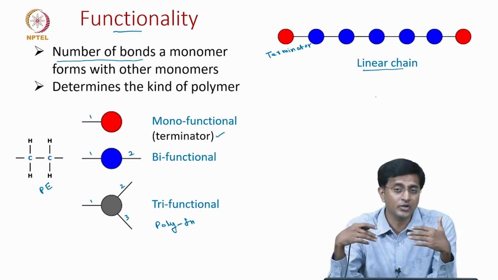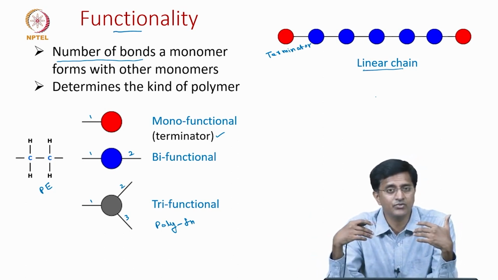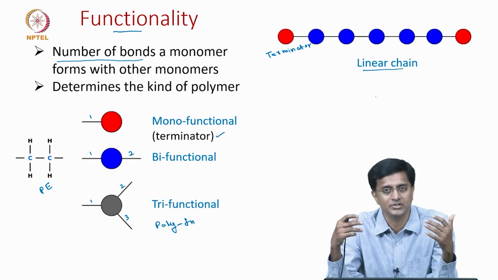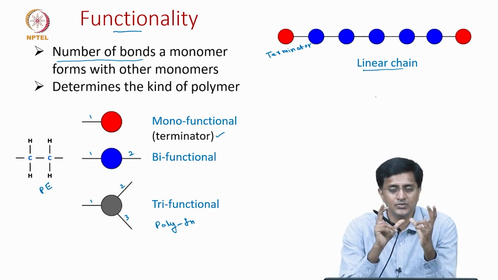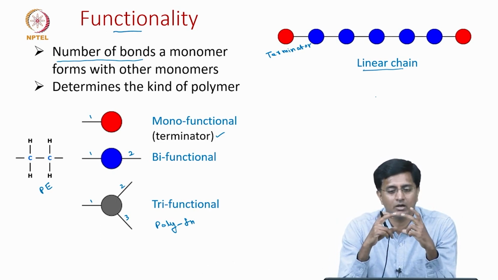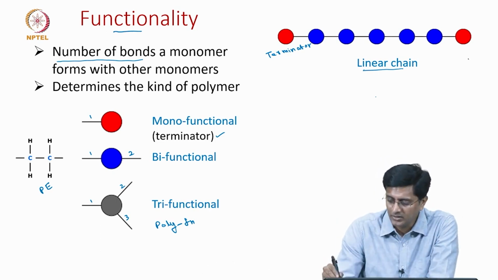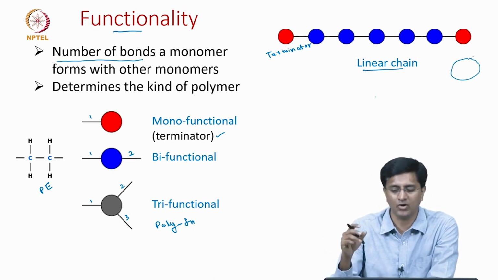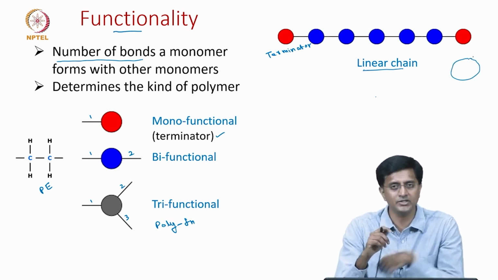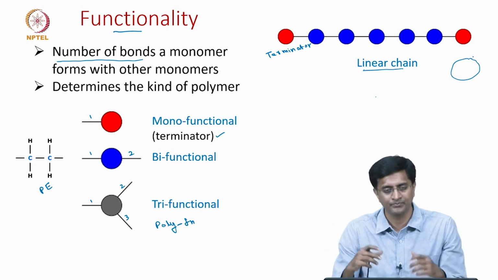And you can as well ask what happens if I do not add these terminators. These polyethylenes can form a ring, because then the two ends join by themselves. But once you add terminators, then you have these open chains.